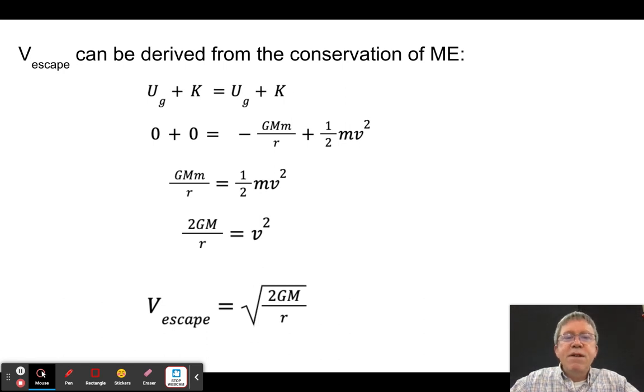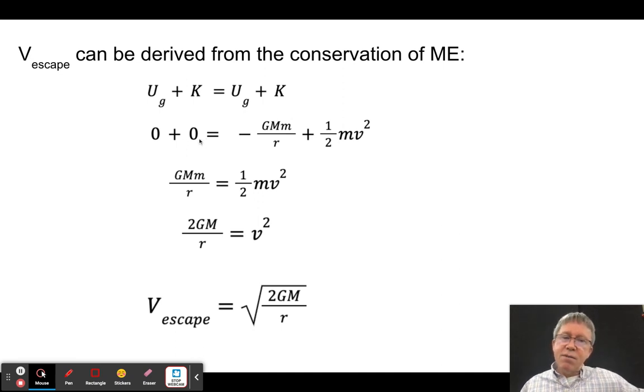Let's see if we can figure out the escape velocity using conservation of mechanical energy. We're going to say that I start off with an object far, far away. I'm doing the opposite of what I did before. Now the object is infinitely far away. At that point you have zero gravitational potential energy, and zero kinetic energy.